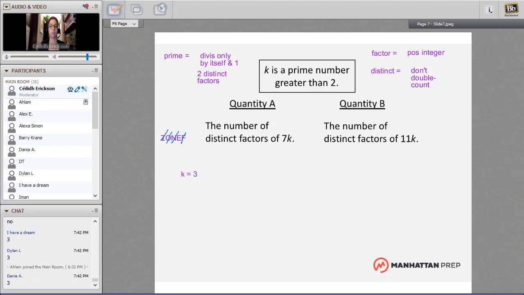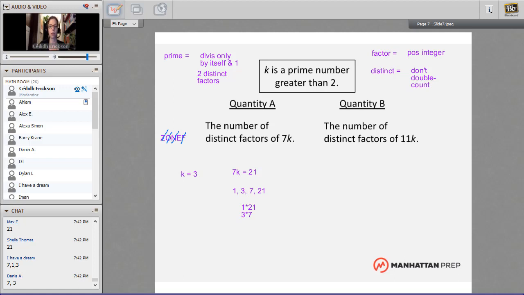K equals 3. That's the one that comes most obviously to mind. It's a prime greater than 2. So if that's the case, then 7K would equal 21. What are all the distinct factors of 21? 1, 3, 7, and 21. I actually prefer to match them up like this: 1 times 21, 3 times 7, so that we know the factor pairs that multiply up to that number.